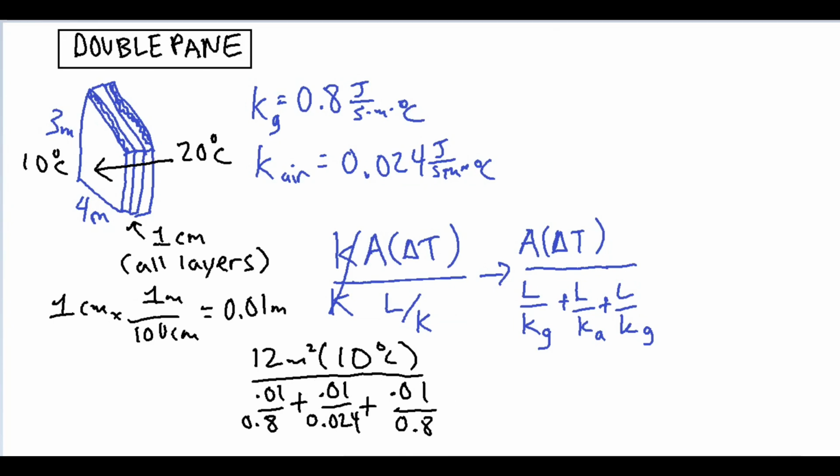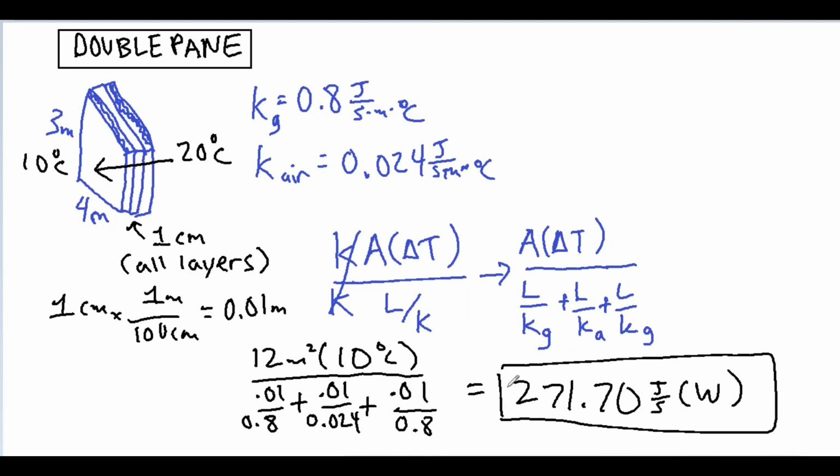I know the top is 12 times 10, which is just 120. And then I would get 271.70 joules per second, also commonly called watts, the amount of joules of heat energy transferred per second through all of those layers.